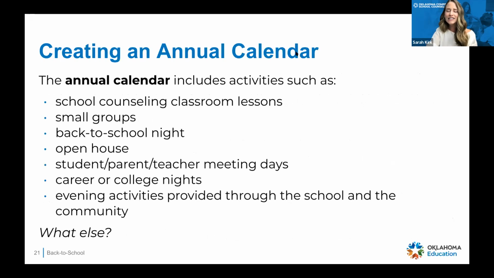So, some of the activities that you might include on an annual calendar. For those of you who already have one, make sure that you're including all of these activities and maybe some other things that I didn't mention. Some things that I think are really important to include are any of your school counseling classroom lessons.